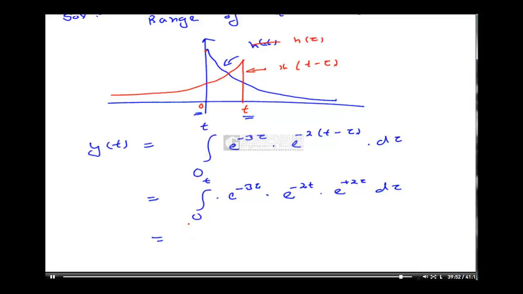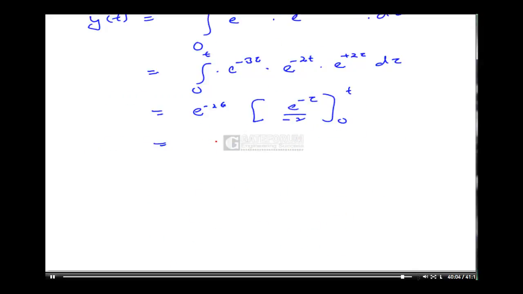On solving this integral, I will get e to the power minus 2t outside, e to the power minus tau by minus 1, from 0 to t. So it will be e to the power minus 2t minus e to the power minus 3t, y of t for t ranging from 0 to infinity. Okay, this way any type of convolution process can be solved.